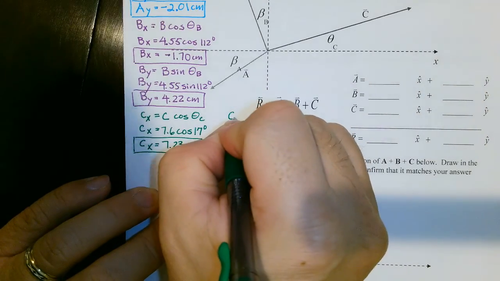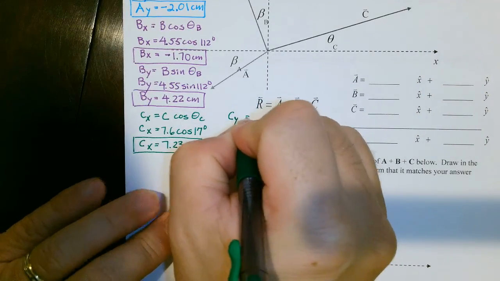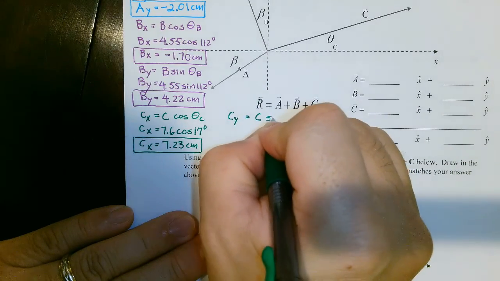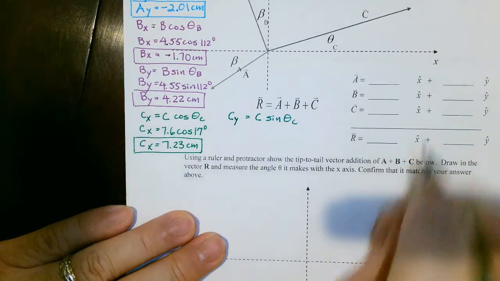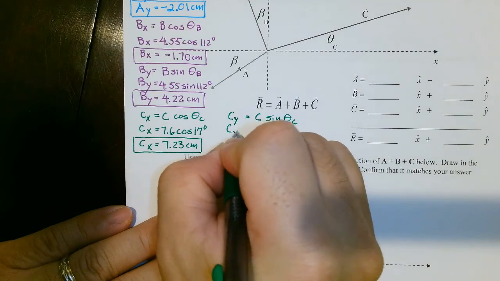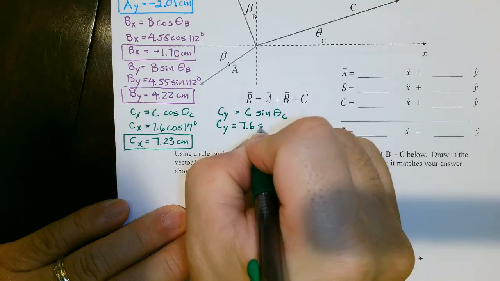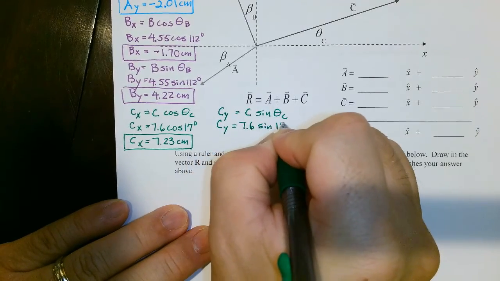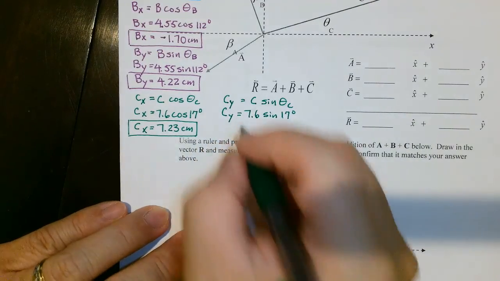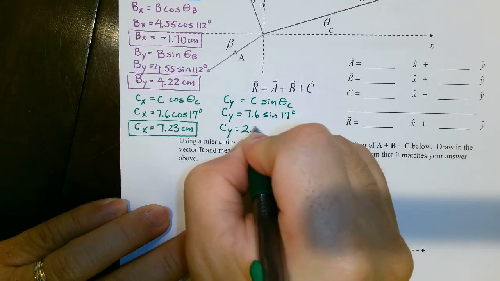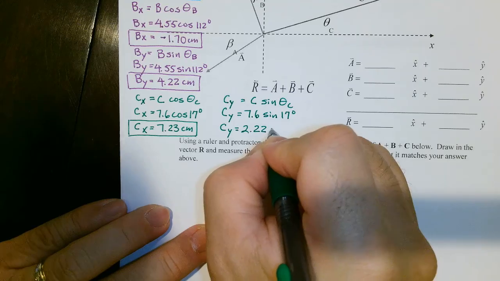Then your Cy is equal to C times sine of theta C, which is 7.6 times sine of 17 degrees. Therefore, your Cy comes out to 2.22 centimeters.